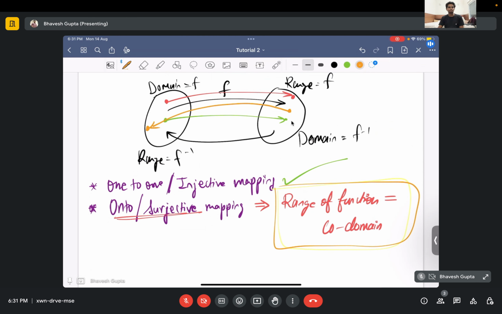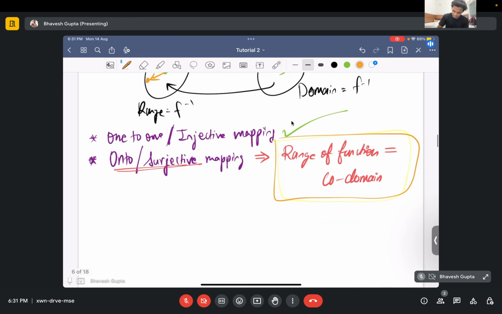Always. So we can see this as inverse kind of one to one mapping, in the sense of reverse.